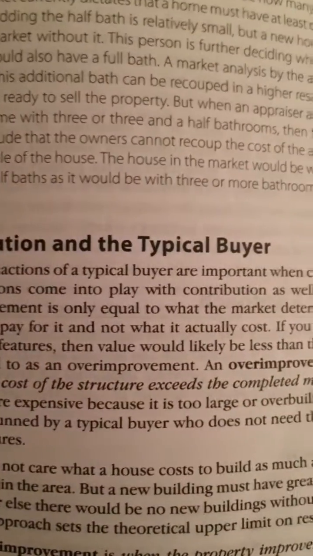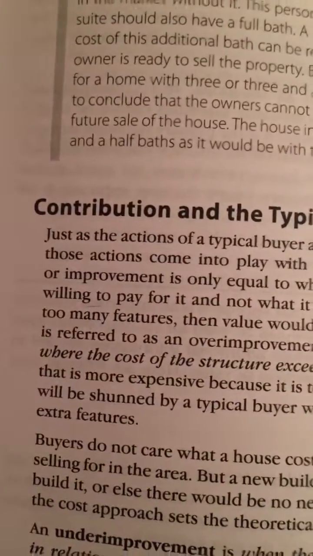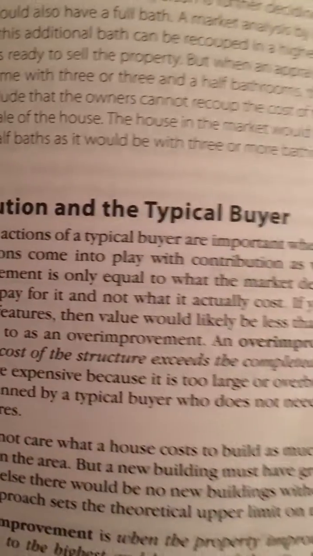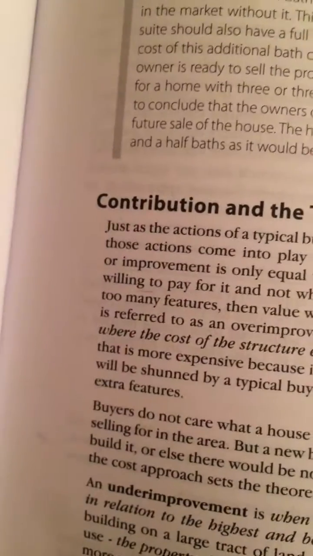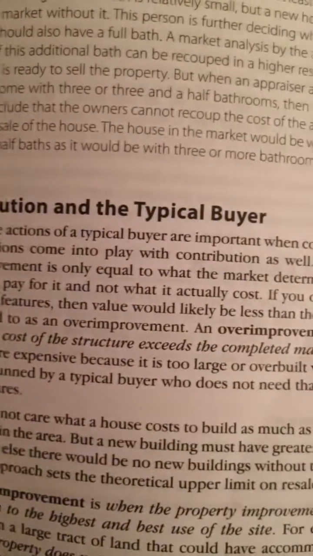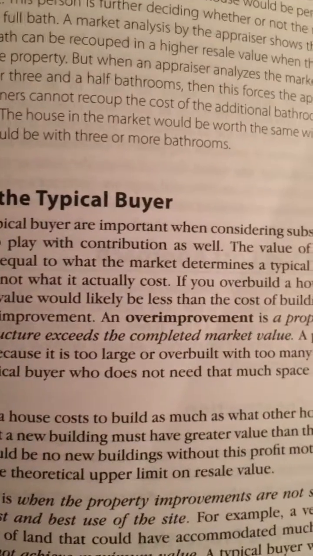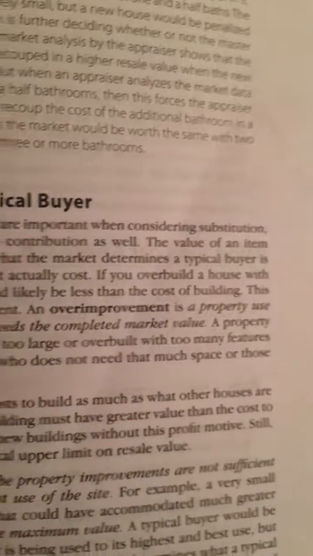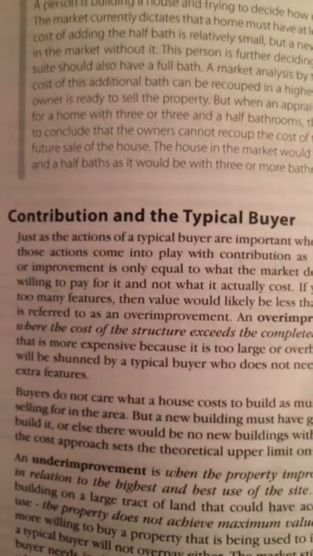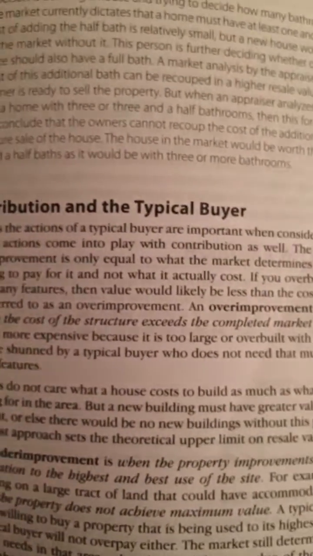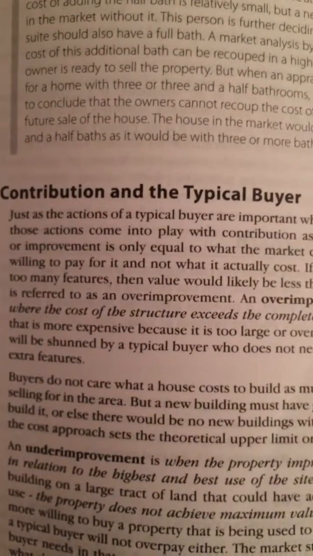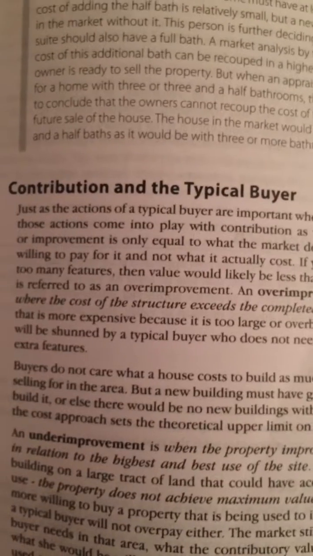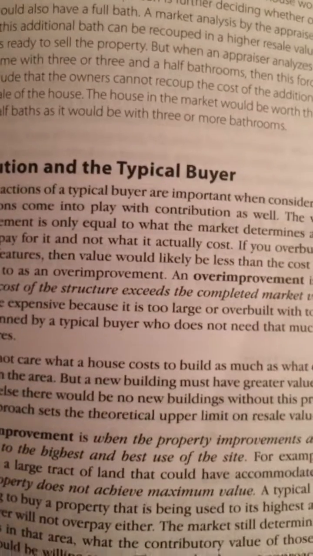Contribution and the typical buyer. Just as the actions of a typical buyer are important when considering substitution, those actions come into play with contribution as well. The value of an item or improvement is only equal to what the market determines a typical buyer is willing to pay for it, and not what it actually cost.